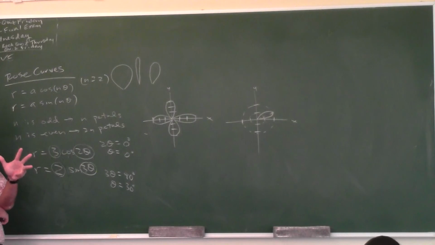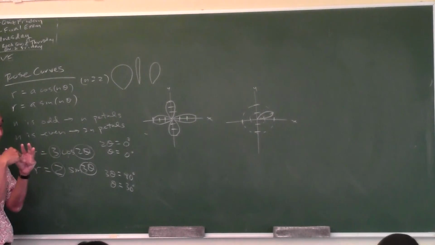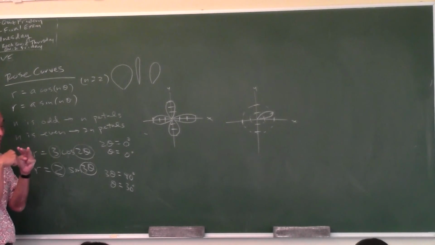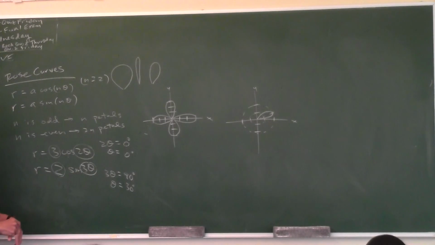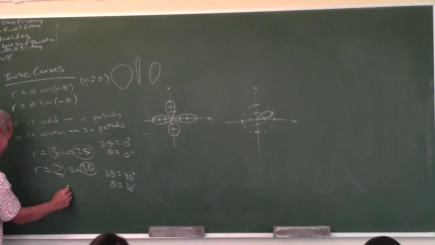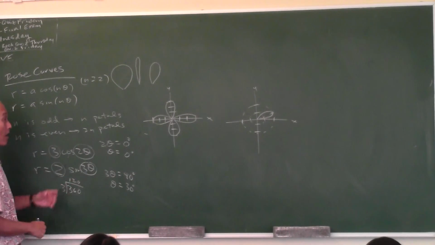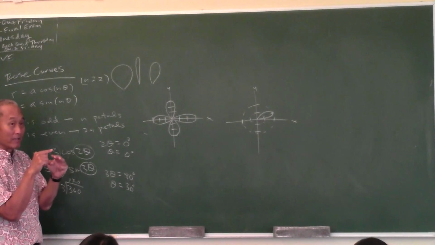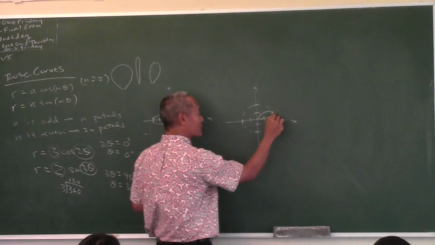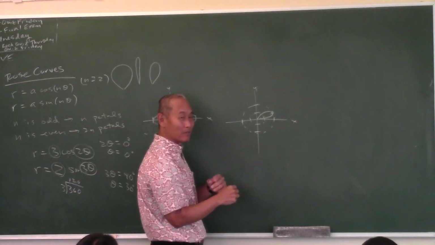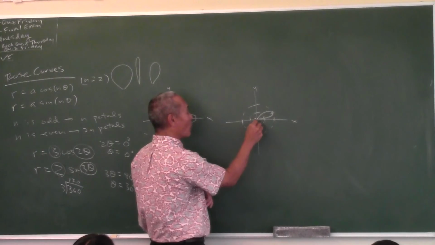Now there are 3 petals. They're all equally spaced apart. So what's 360 divided by 3? 120. So every petal is going to be 120 degrees apart. So if the tip of the first petal here is at 30, where's the next one going to be? If you add 120, 150.